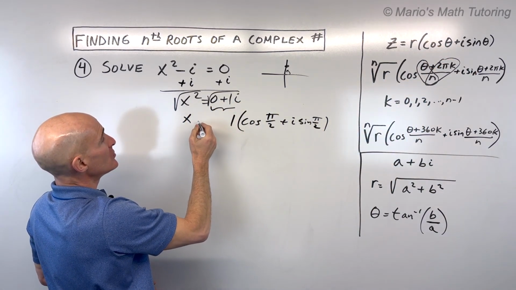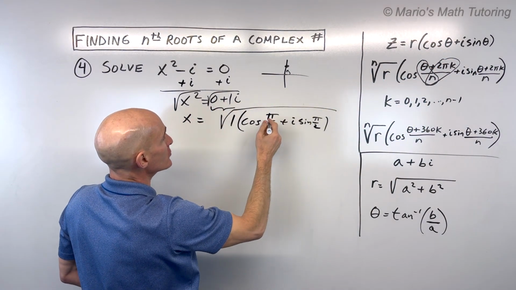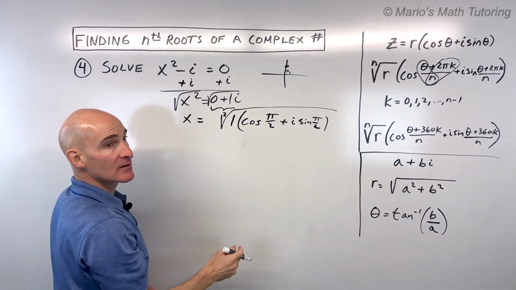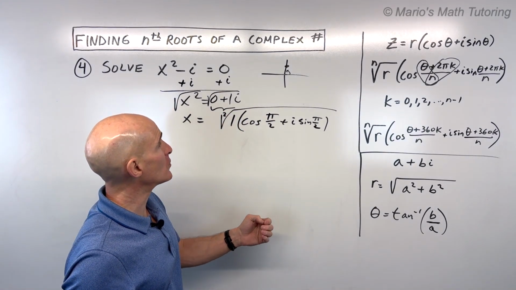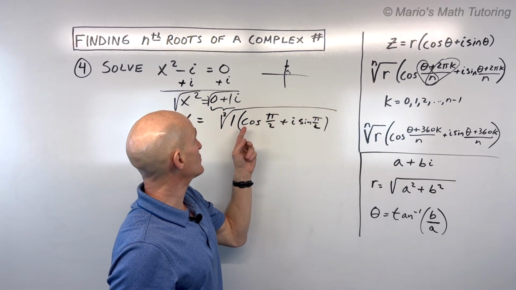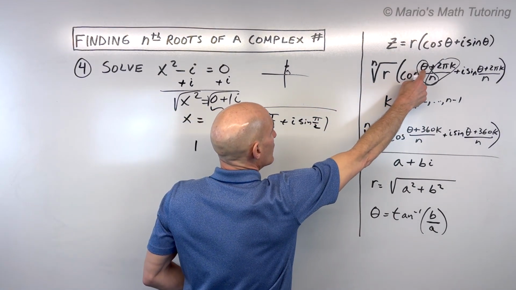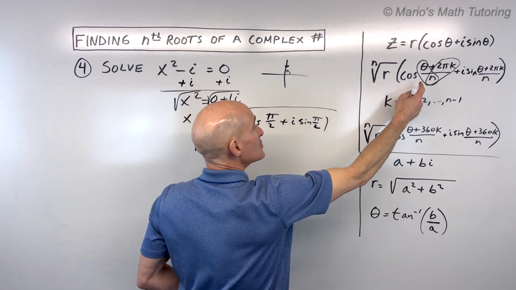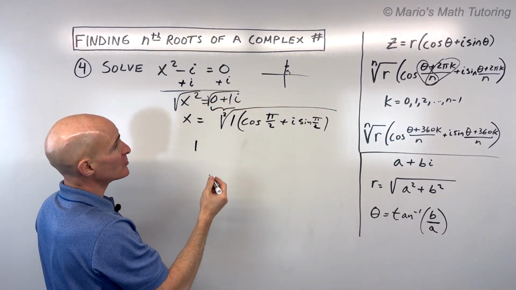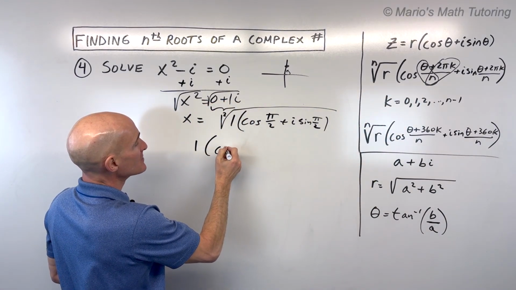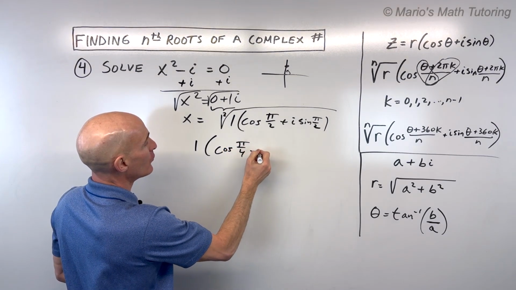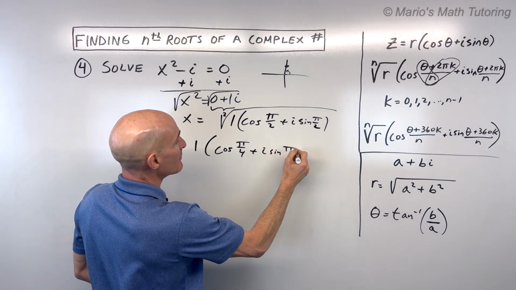Okay, but now what we're going to do to find x is we have to take the square root of this complex number in trigonometric form. So we take the square root of r, so the square root of 1 is going to be 1. We're going to take the angle, which is pi over 2, divided by 2, since we're taking the square root. So pi over 2 divided by 2 is pi over 4. So this is going to be cosine pi over 4 plus i sine pi over 4.